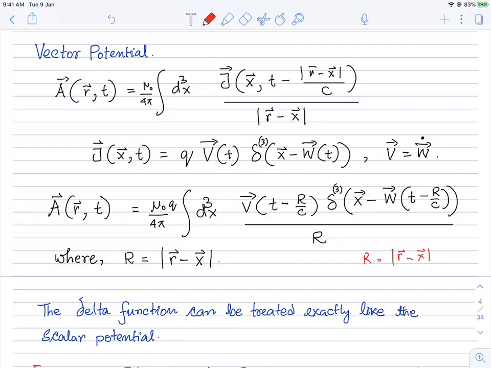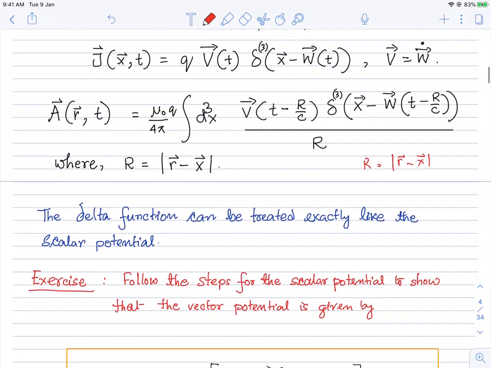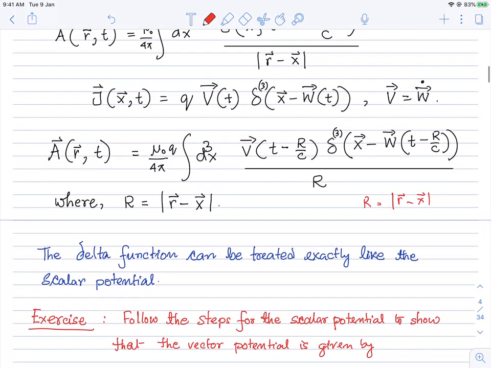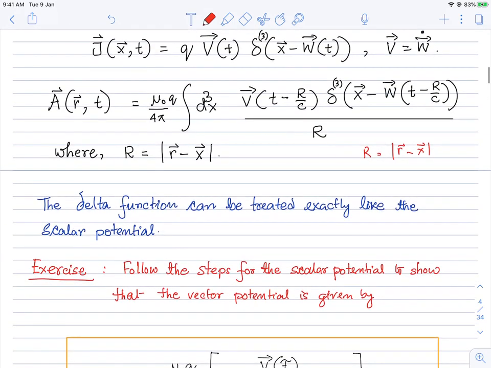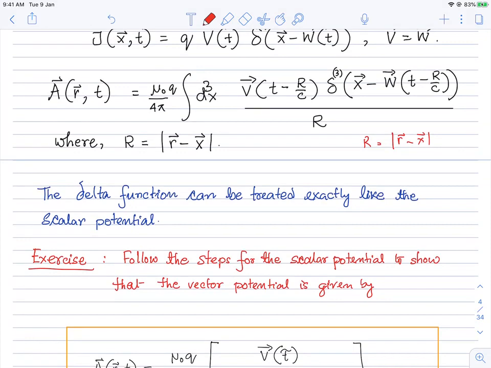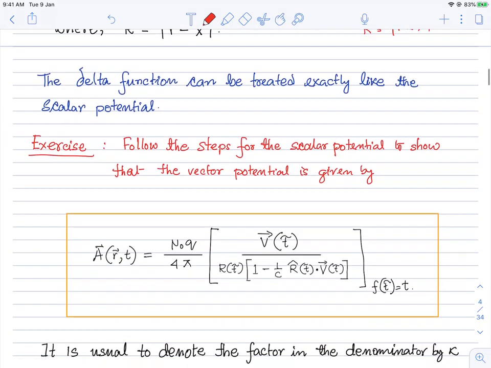So what our algorithm tells us is we convert this v into v of t tilde and this r into r of t tilde, divide by the factor of kappa, and then put in the retarded condition. That is what we have to do.